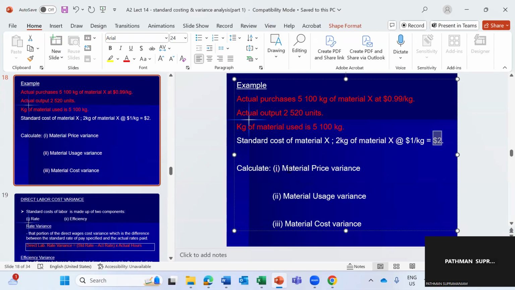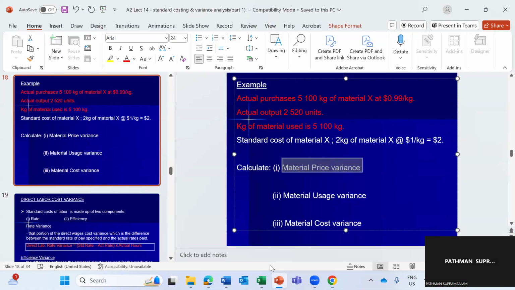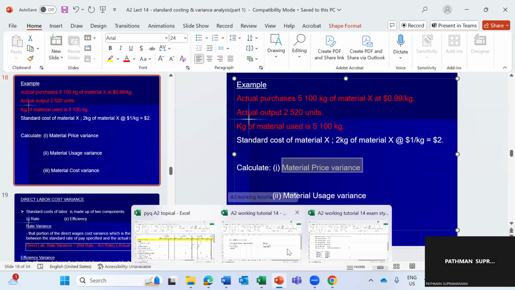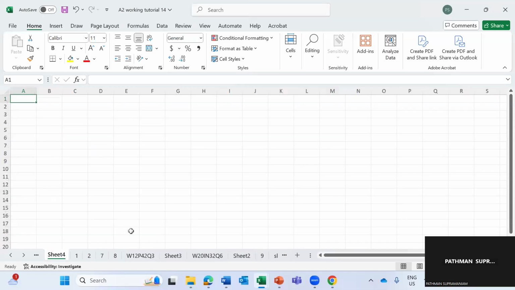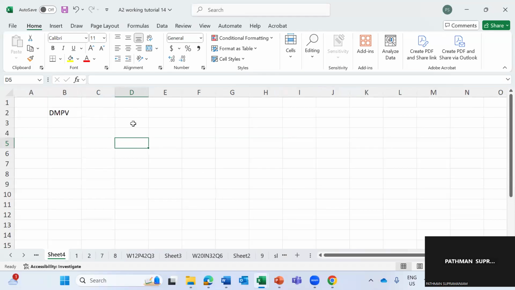Okay, now we're going to calculate the material price variance. So how do we do this? We are calculating direct material price variance. So the formula is standard price minus actual price times actual quantity purchase.